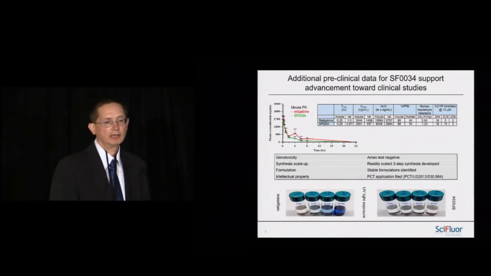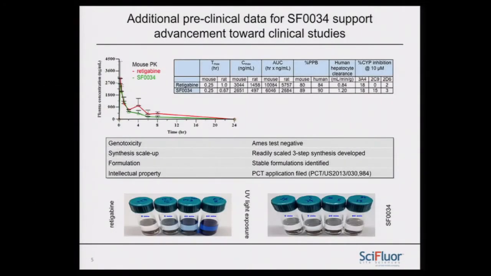The compound has advanced in our labs with some additional preclinical testing, the types of things that you would normally do to advance something to an IND, looking at some preliminary ADME and PK, looking at clearance. In general, it's very comparable in rodents to retigabine. Looking at in vitro ADME and protein binding for mouse and human, comparing it to retigabine, in general, it looks very much the same.